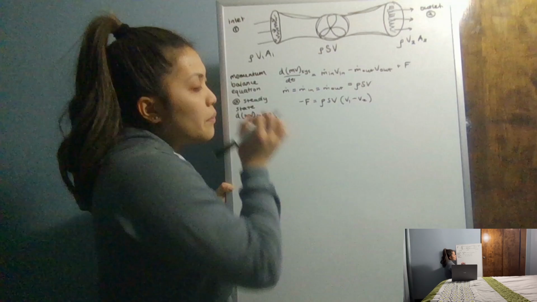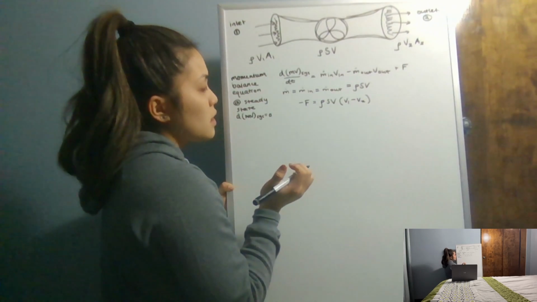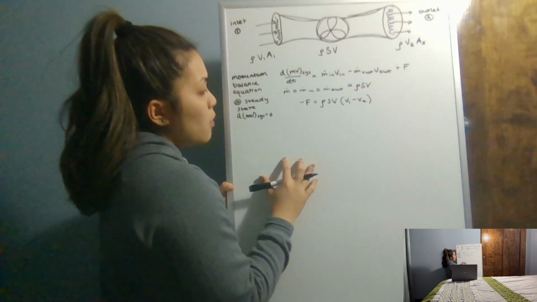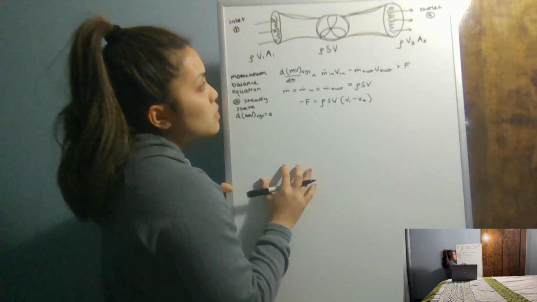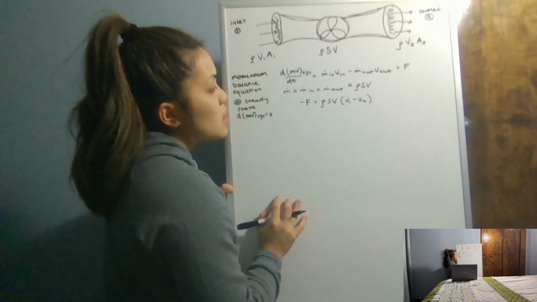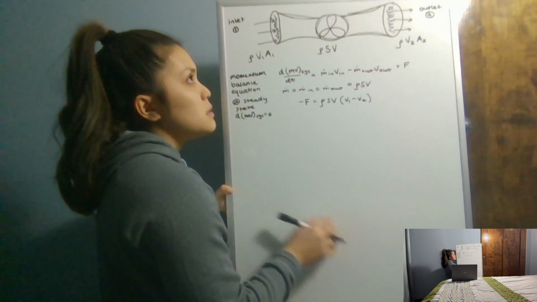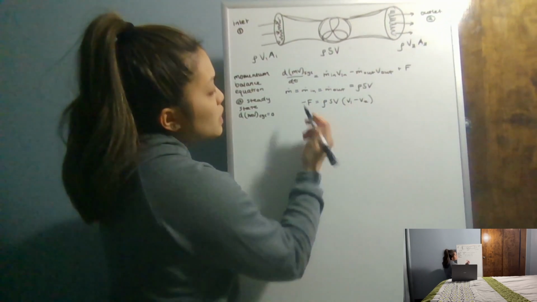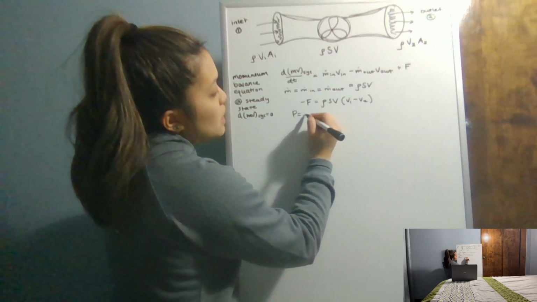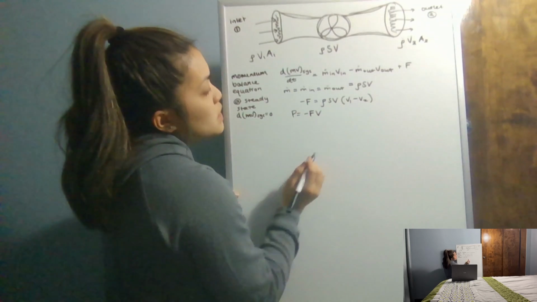And then we can look at the power. It's important to note that between the plates, the force and the velocity have to be going the same direction. So when we look at the power, it's going to be a negative force times the velocity.